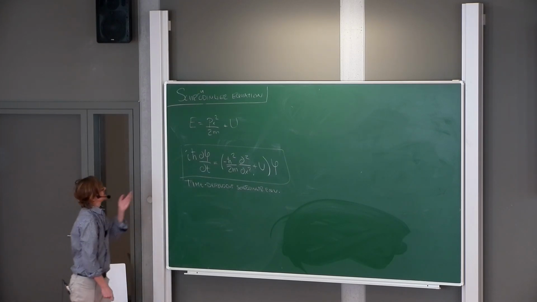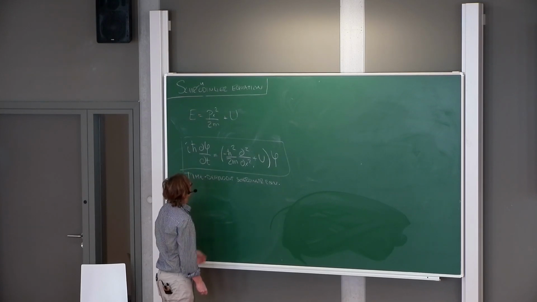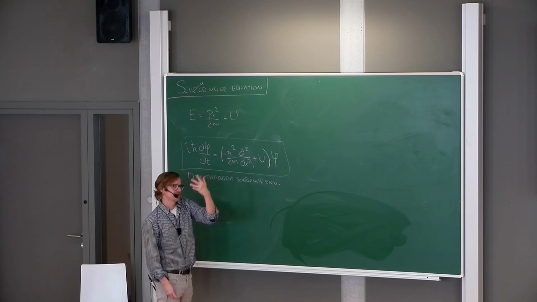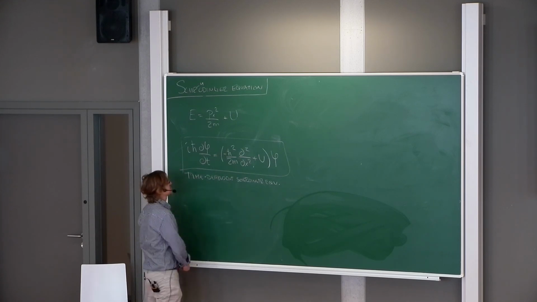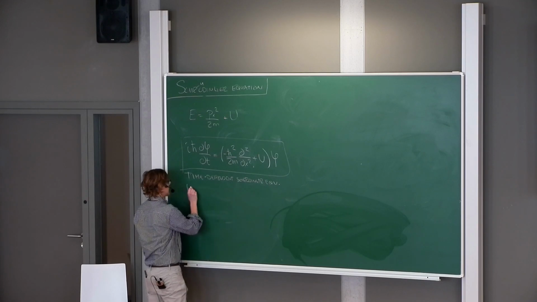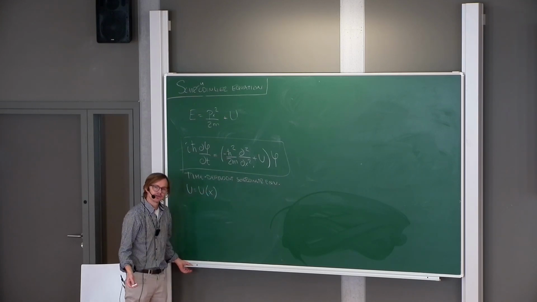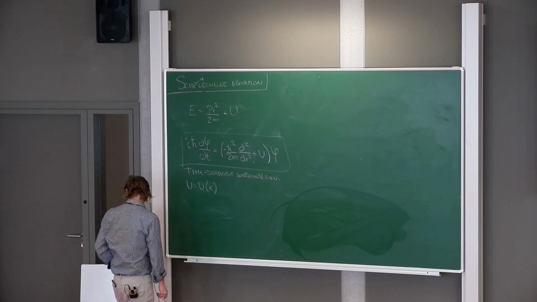So, like I said, if we now specify that this potential, which later today will be a function of r, that is the radial position, but we're going to take it now to be a function of x. It is not a function of time, right?